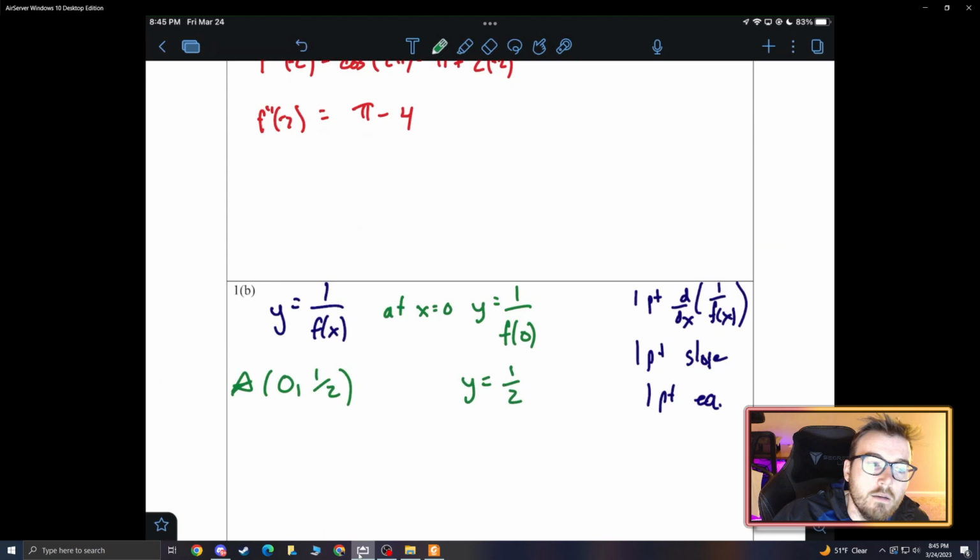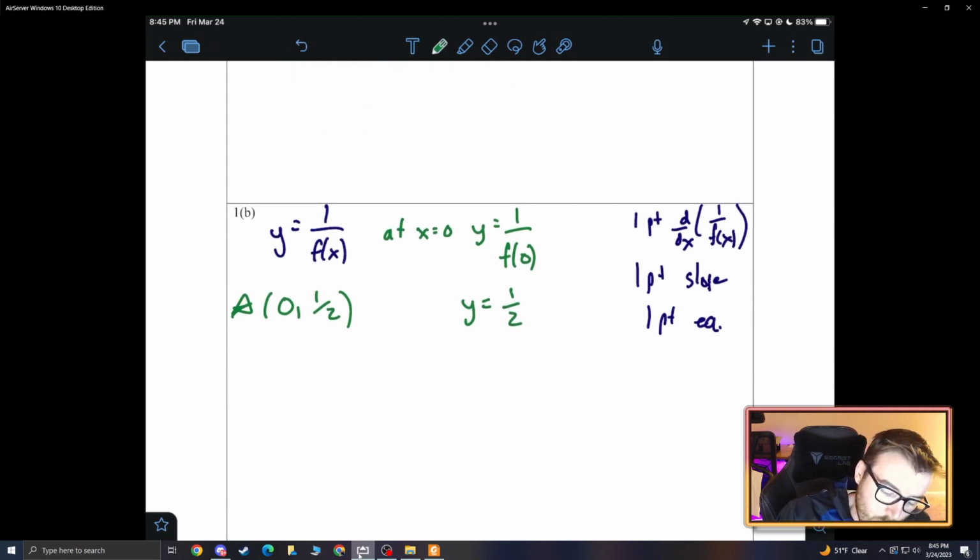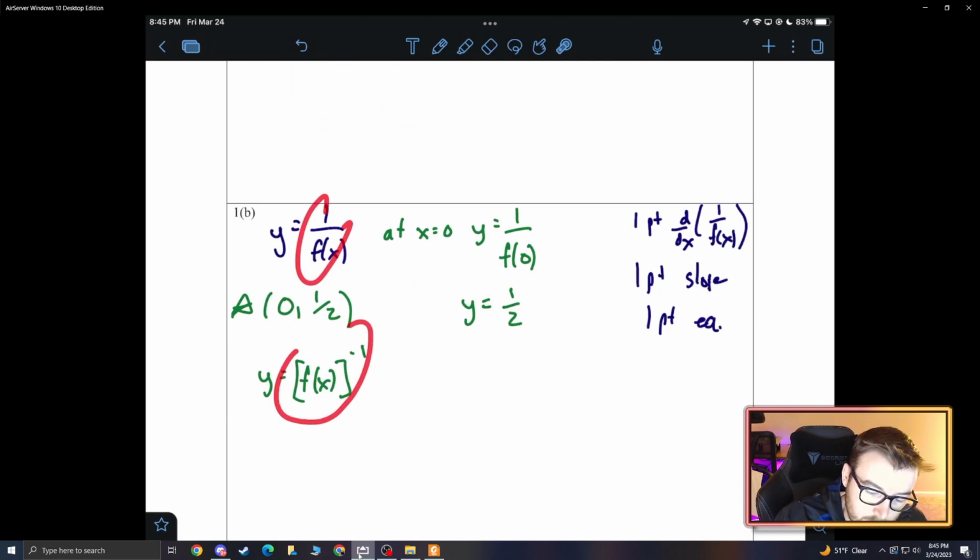There's your point. But you also need to know slope to write the equation of the tangent line. So we need to derive in order to find slope. So y equals f of x to the negative 1 is how I'm going to write this now.